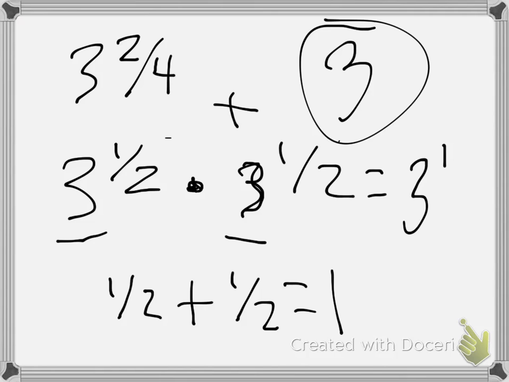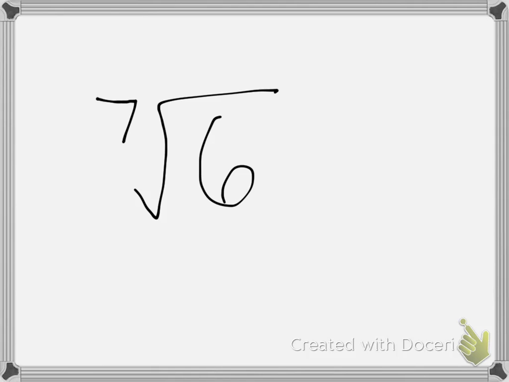Okay, so I'm going to do one more example, and I'm going to show you how to deal with very big powers or big roots. So let's do the 7th root of 6 to the 14th.